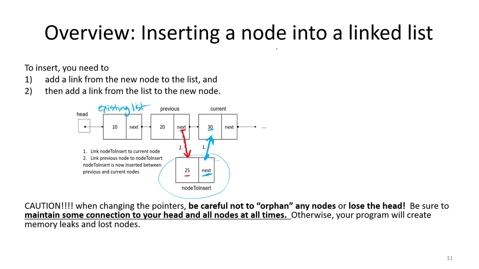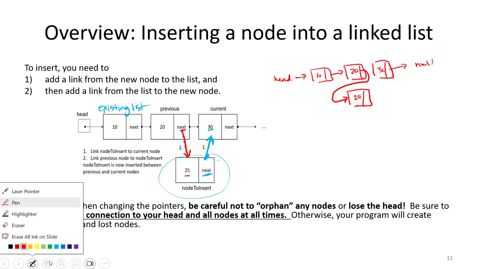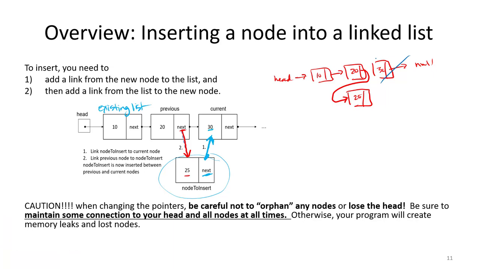Notice what would happen if we tried the wrong approach. If we wanted to insert our node in the wrong order, if I first took my pointer here and connected it to the 25, then these nodes would be lost.